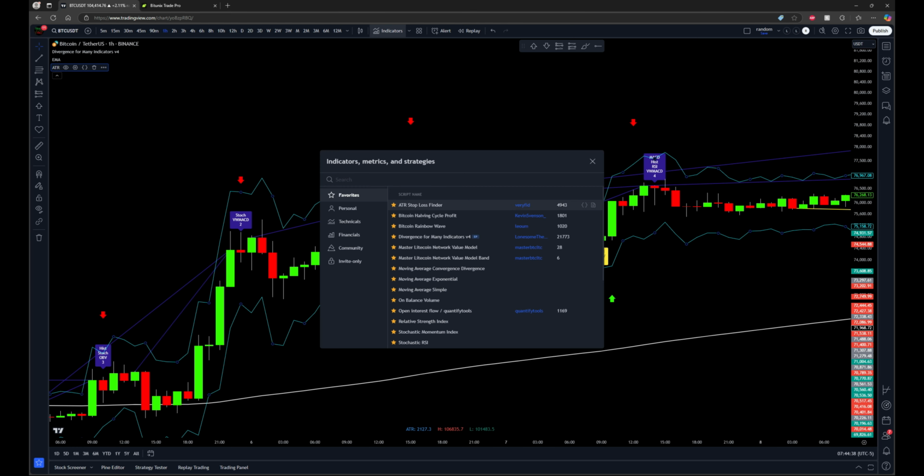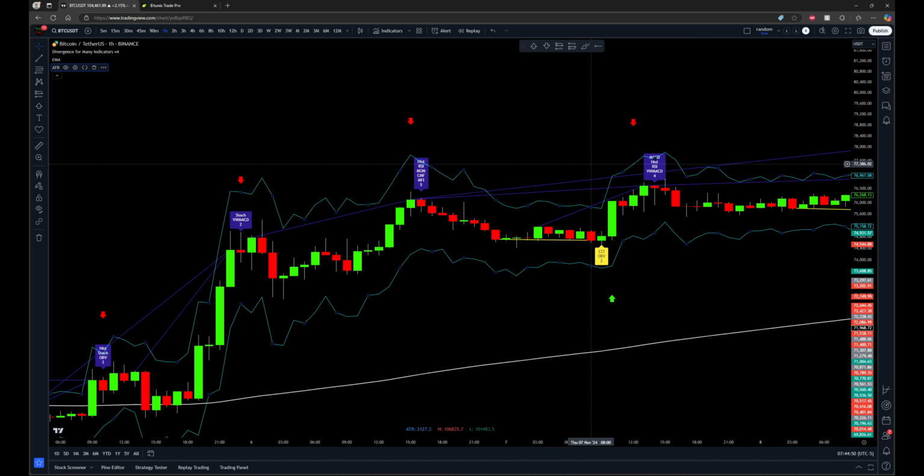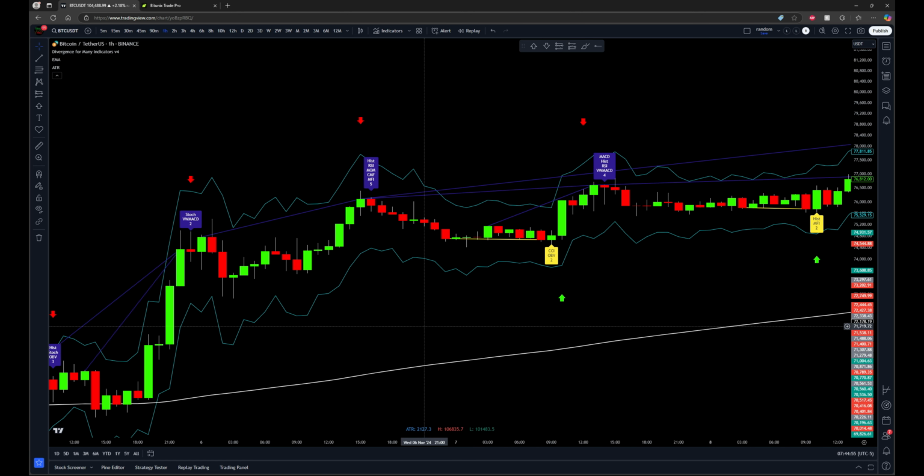This is that indicator, the ATR stop loss finder by Verified. And then we are using Divergence of Many Indicators, V4, by Lonesome the Wolf for the divergence signals. Okay. These have default settings on both. And then just a standard 200 EMA for trend direction.